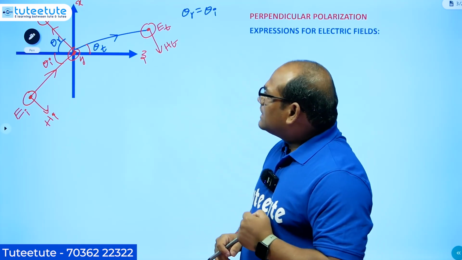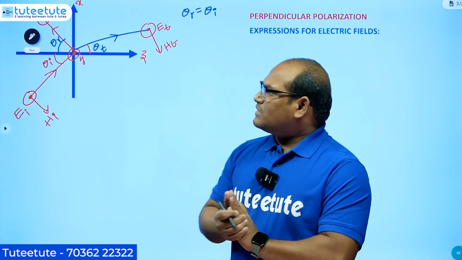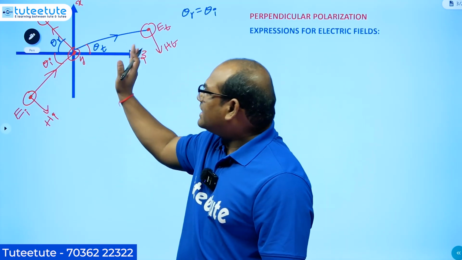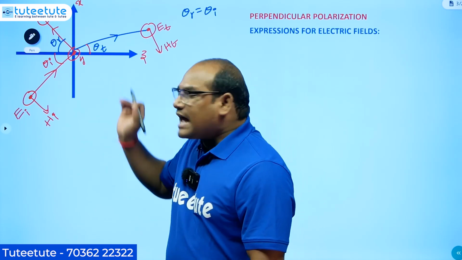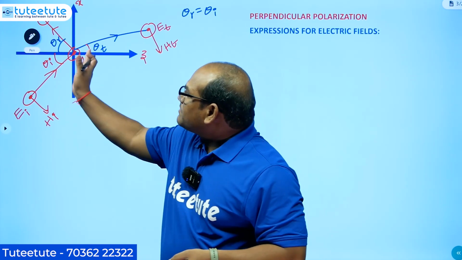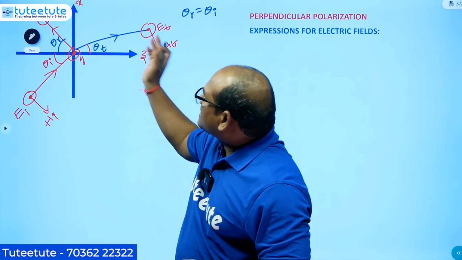Now what do we need to do? We have sent the electromagnetic wave from medium 1 to medium 2. Since these two have different impedances, some power will be reflected back and some power will be transmitted.